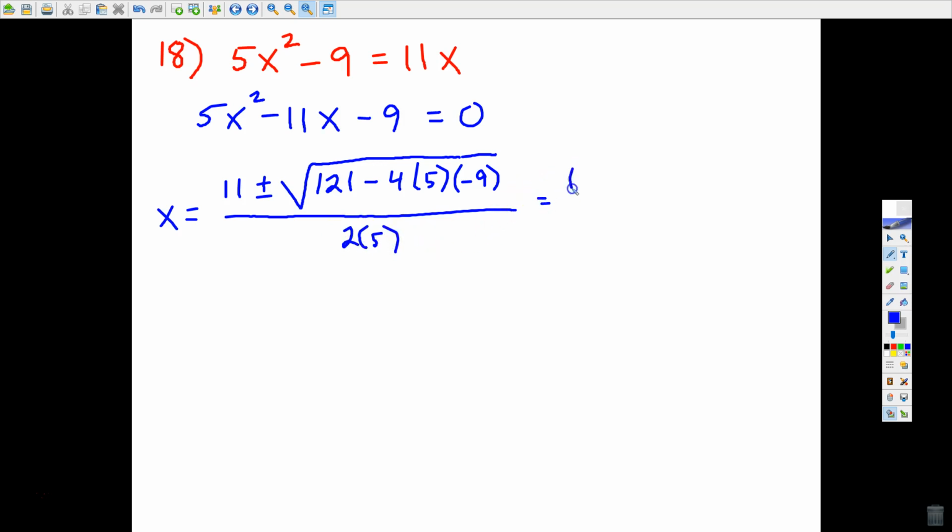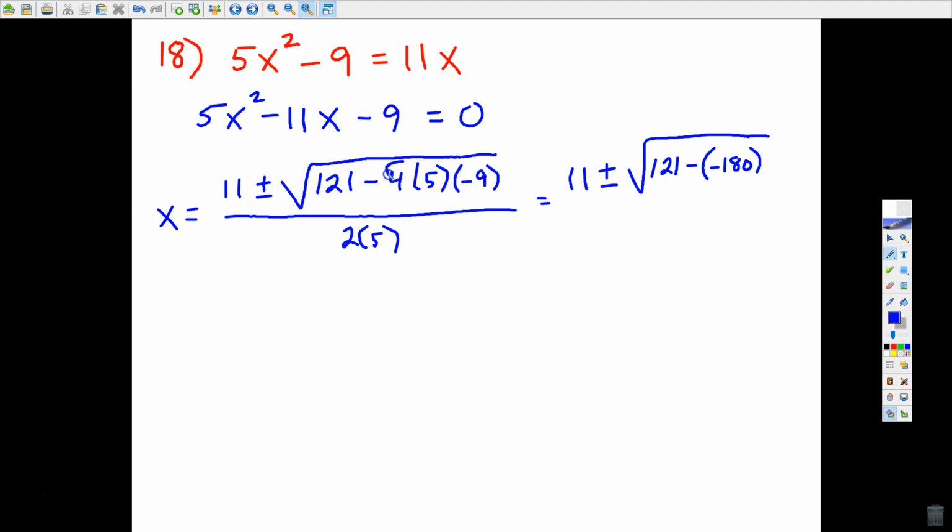Okay, let's clean this up a little bit. So under the radical, and you really want to be careful here, I see mistakes made when people are subtracting negative numbers. So just be very careful. When you subtract here, we're subtracting 20 times negative 9, which is negative 180.